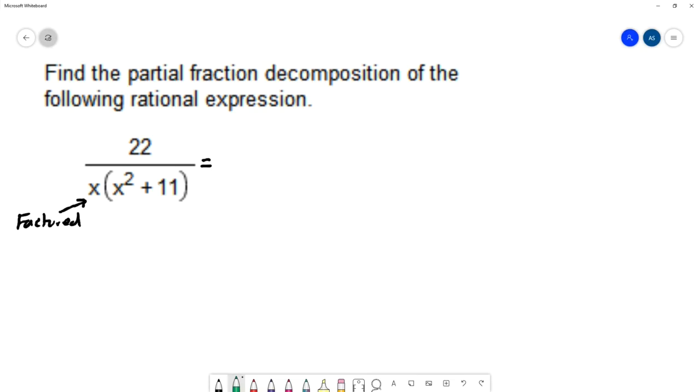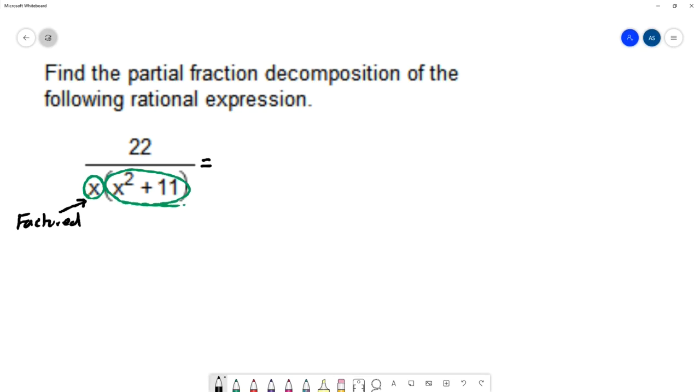And then what you do is you examine each factor and decide what type of factor it is. There are really only about 4 categories that you're looking for.